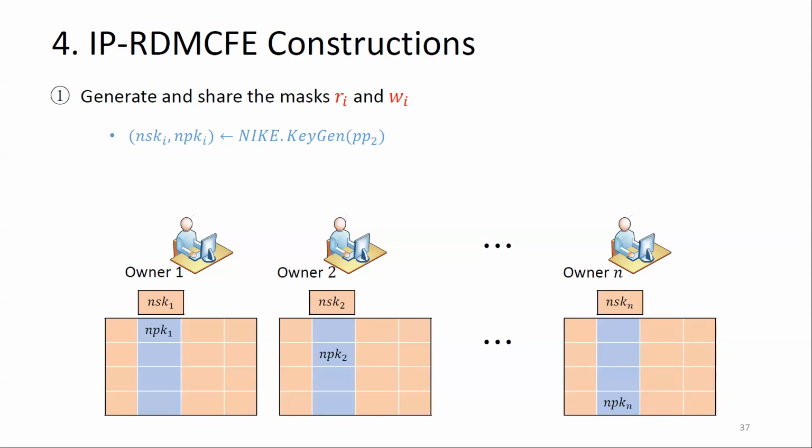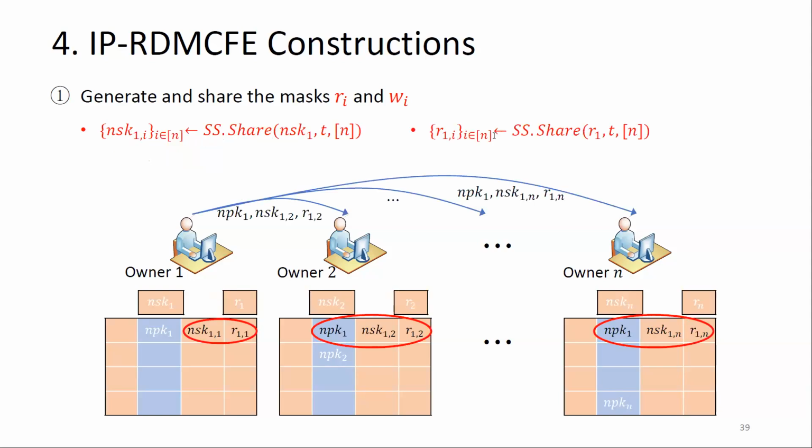Specifically, to generate and share the masks Ri and Wi, each owner runs the key generation algorithm of NIKE to generate NSKI and NPKI, and selects a random value Ri. Owner 1 shares the NSK1 and the R1, and sends NPK1, a share of NSK1 and a share of R1 to each owner.